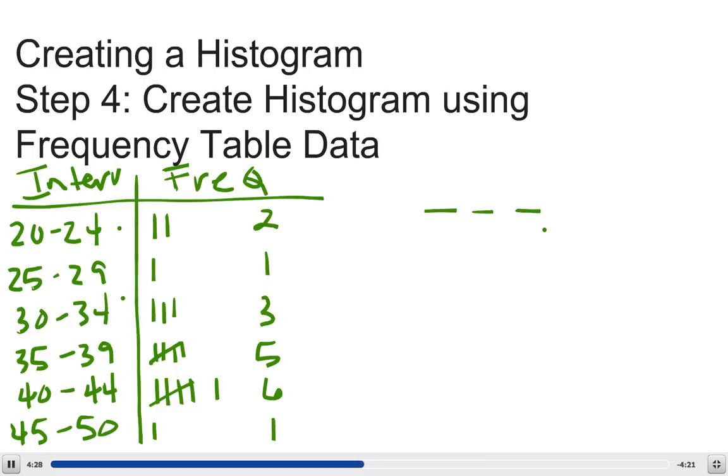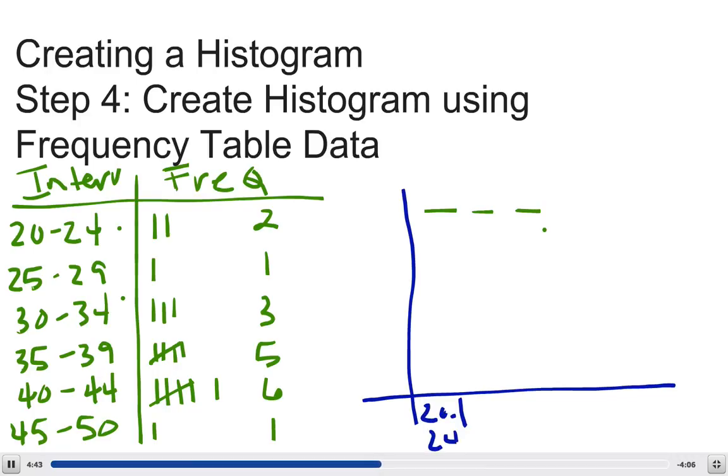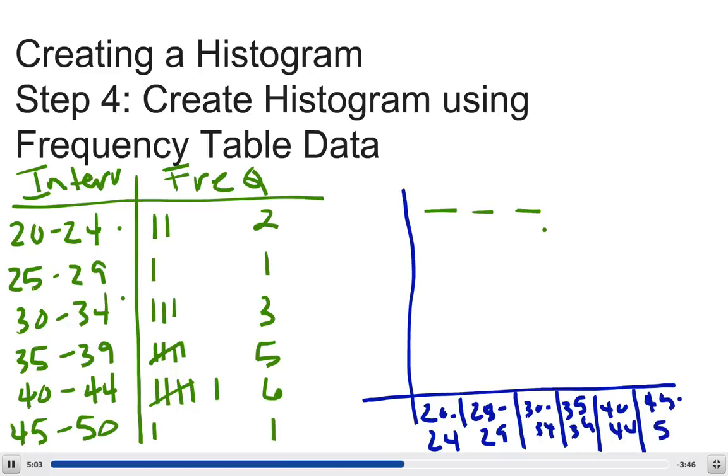Now step 4 is creating the histogram using our frequency table. I'm going to draw my x-axis and my y-axis, and mark my intervals: 20 to 24, 25 to 29, 30 to 34, 35 to 39, 40 to 44, and then 45 to 50.